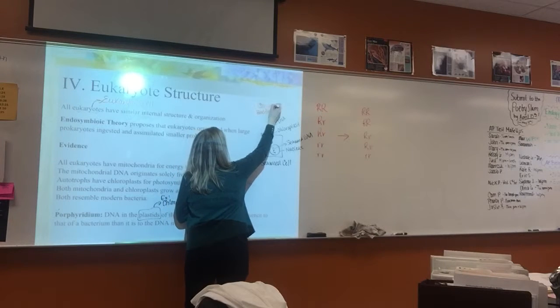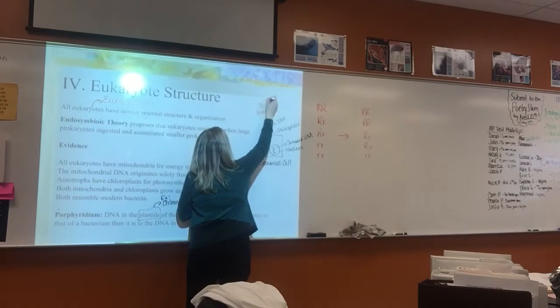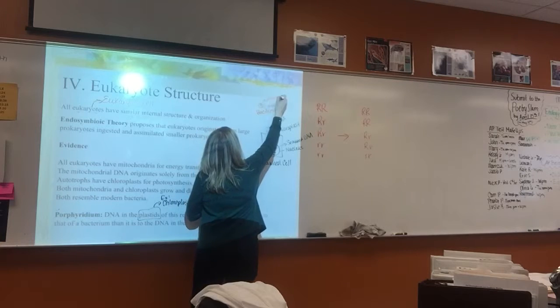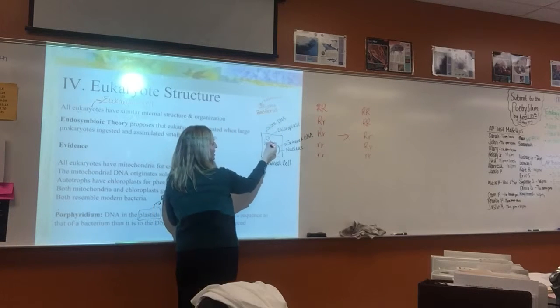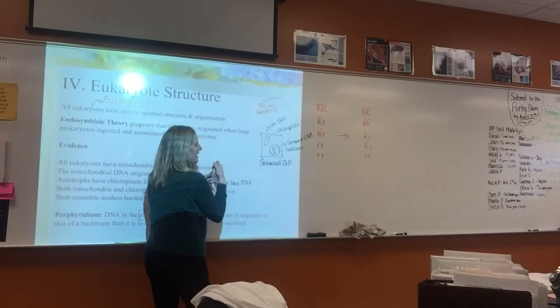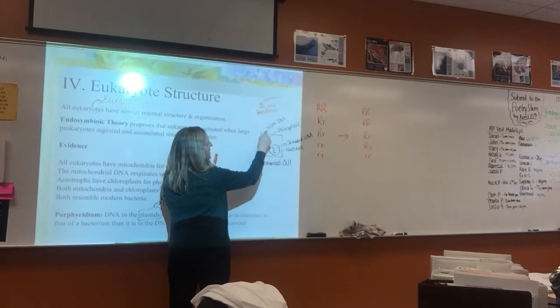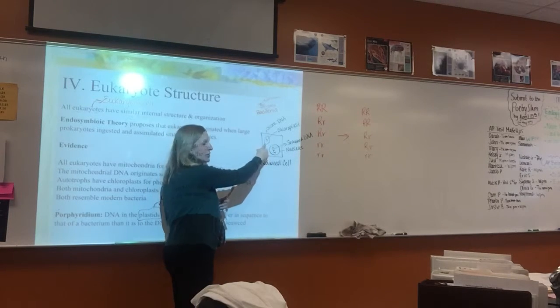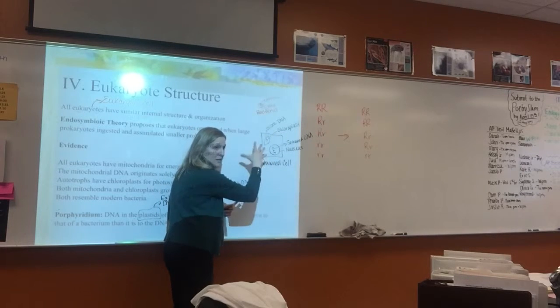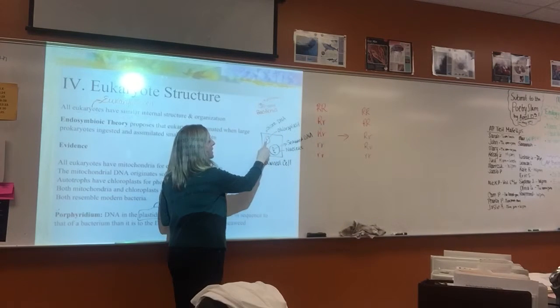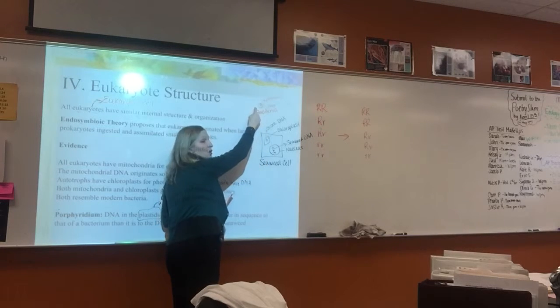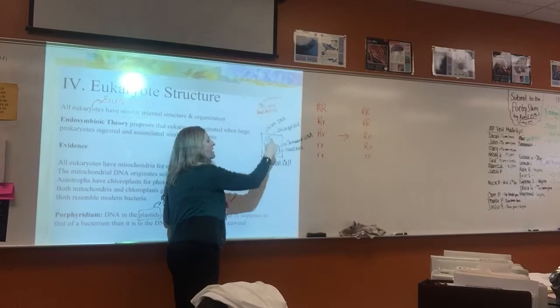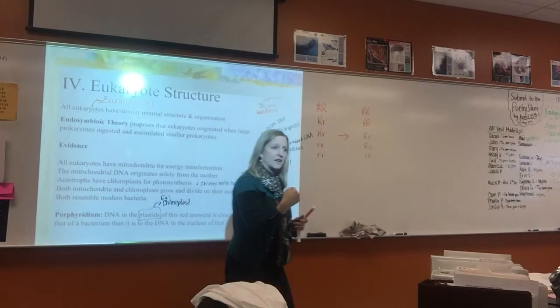So here's the DNA and the plasmid. That's what bacteria have. They took this chloroplast DNA and compared it with the bacteria. And what they found is that even though this chloroplast is part of the seaweed cell, when they compared the DNA, the DNA inside the chloroplast was more like the bacteria's DNA than it is to the seaweed itself that it's part of.